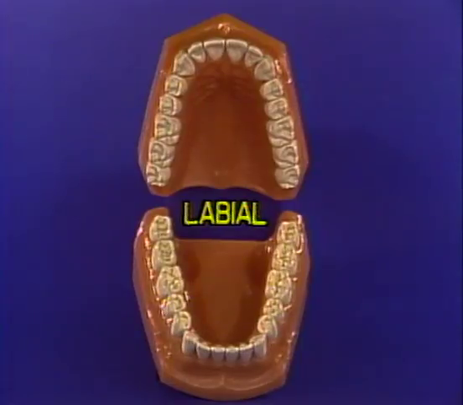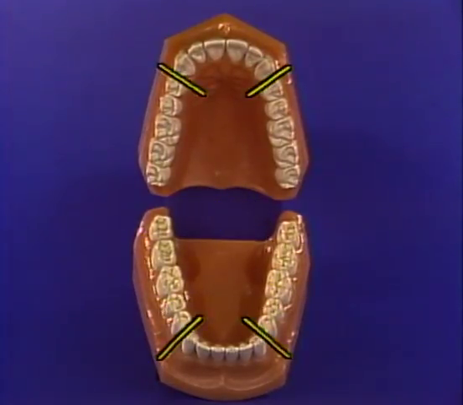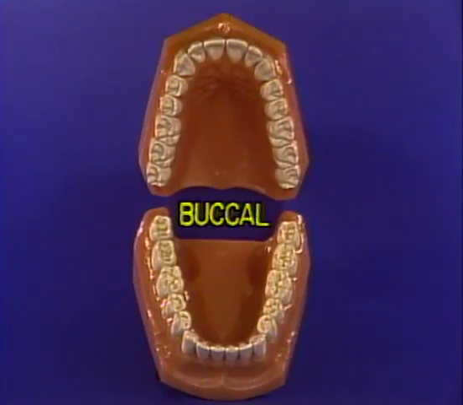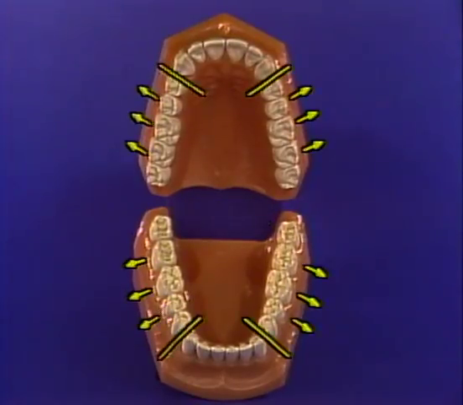Labial. Labial is the term used to designate those surfaces of the anterior teeth which are toward the lips. Buccal. Buccal is the term used to designate the outside surfaces or surface toward the cheek of posterior teeth and corresponds to labial of anterior teeth.